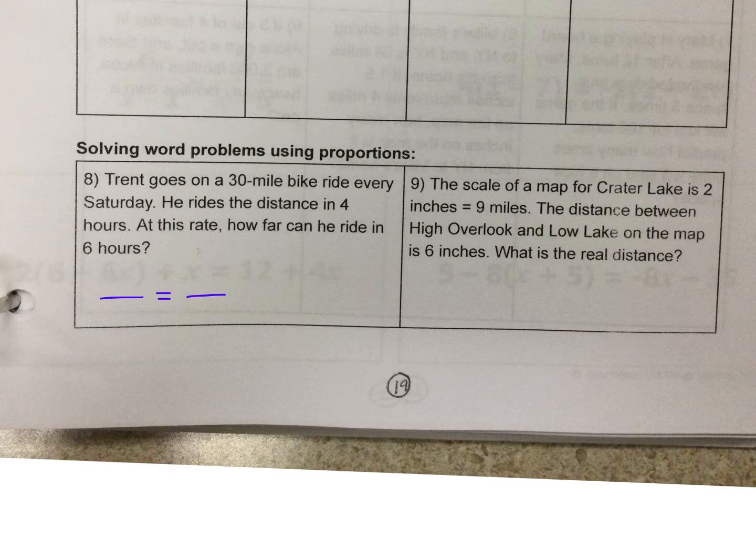It says Trent goes on a 30-mile bike ride every Saturday. So I'm going to put 30 miles on top. He rides the distance in 4 hours. Okay, so on the bottom, I'm going to put 4 hours. At this rate, how far can he ride in 6 hours?